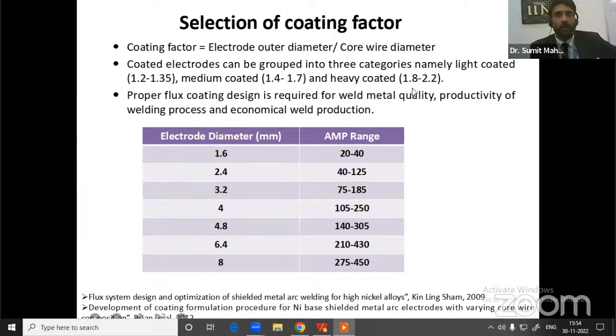If the deposition rate required is high, or the cavity to be filled is larger, we use a heavy coated electrode so that the filling can be done in proper time. These are some of the electrode diameters and their ampere range, because the ampere range means how much current is required to melt the material.